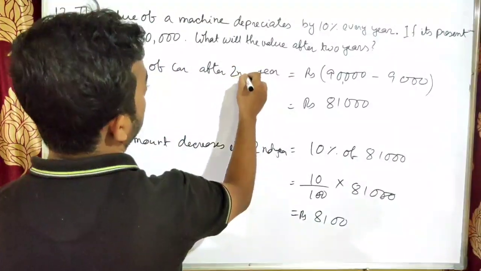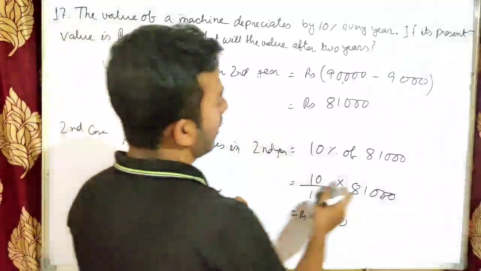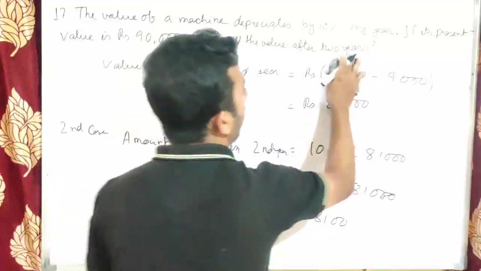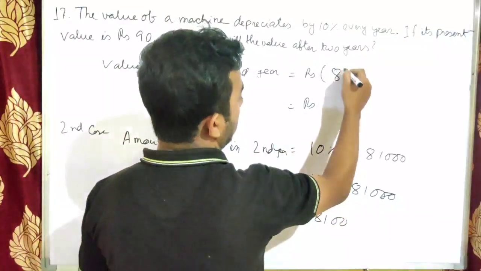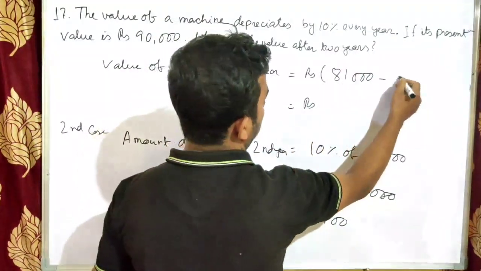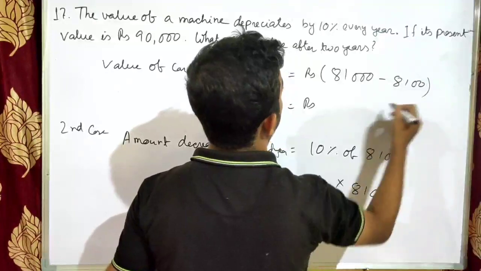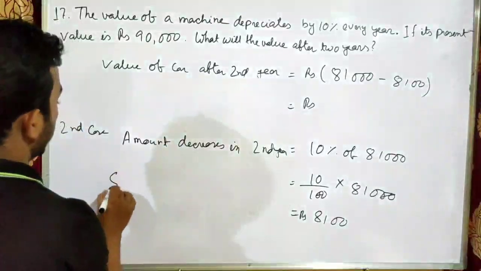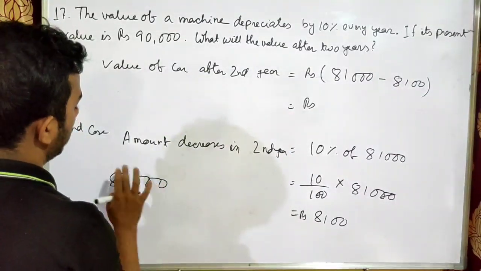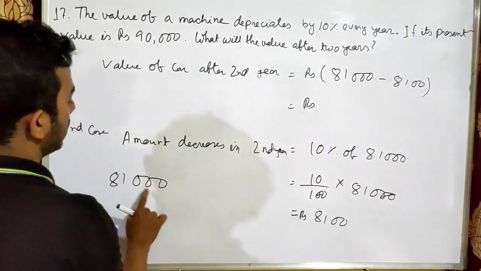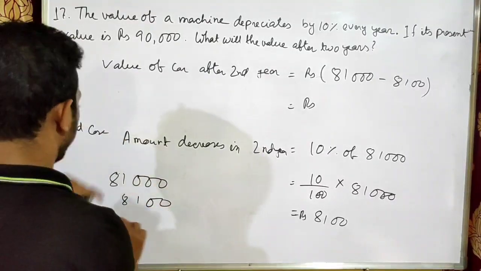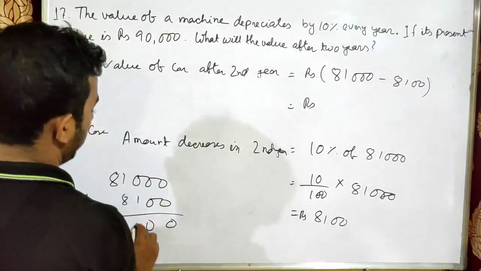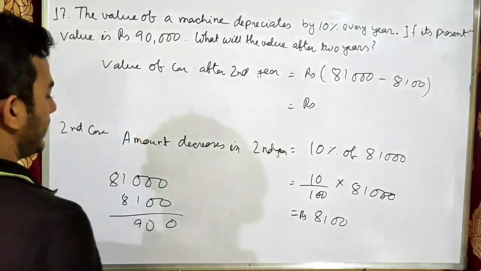Value of the car after the second year equals how much? 81,000 minus 8,100. 0, 0, 10 minus 1 is 9, isn't it?